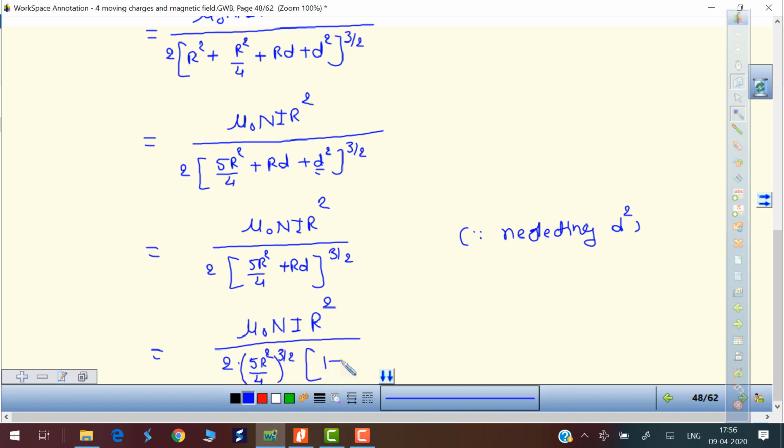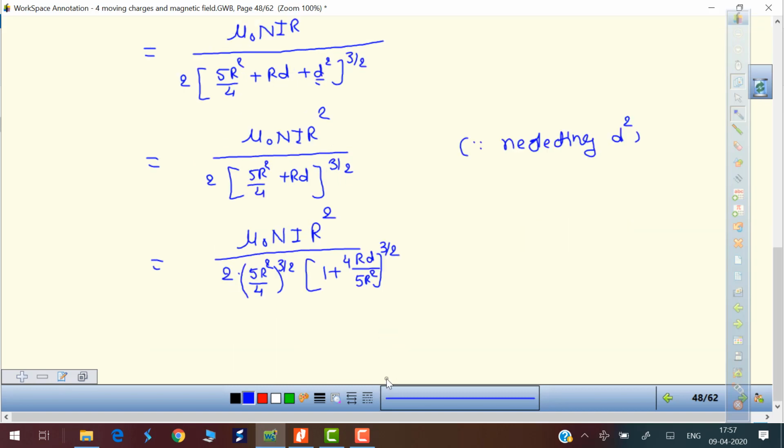In the bracket, 1 plus rd, and since we have taken the common, I have to divide it by 5 r square by 4, and then the 3 by 2 is still there.